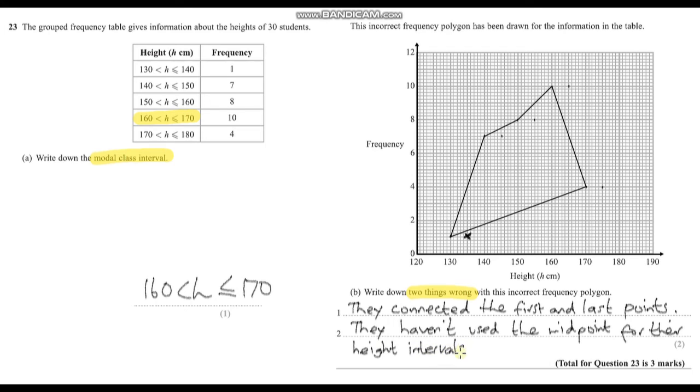Okay, so whenever you're plotting a frequency polygon, always use the midpoint. The only time you use the end point, here they've used the beginning point, but you would use the end point if you're doing a cumulative frequency diagram. Okay, so cumulative frequency, we use the end point. Frequency polygons, we use the midpoint.